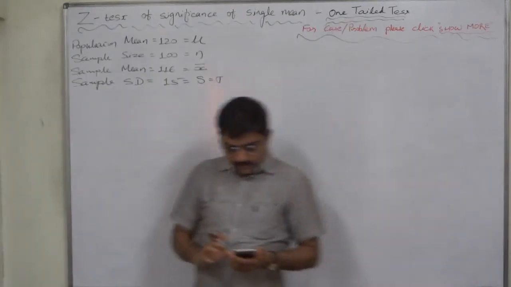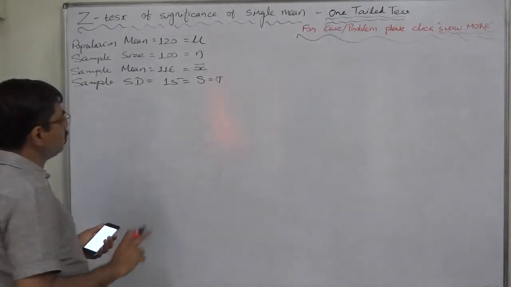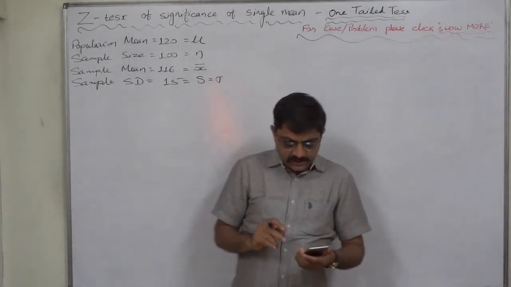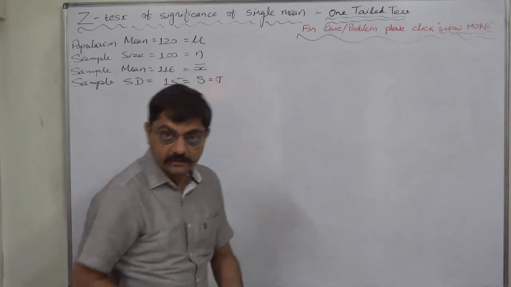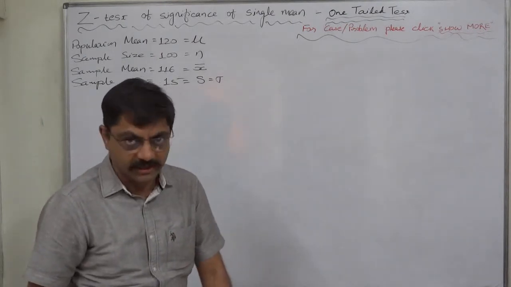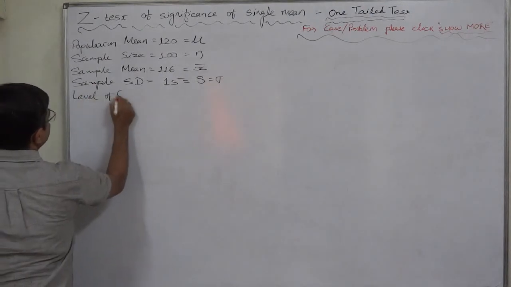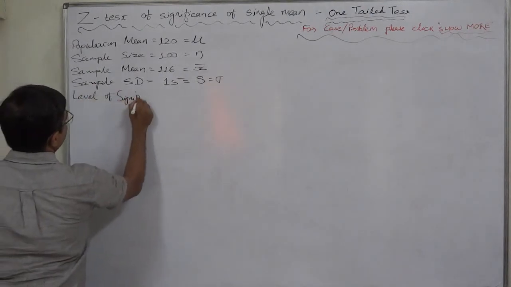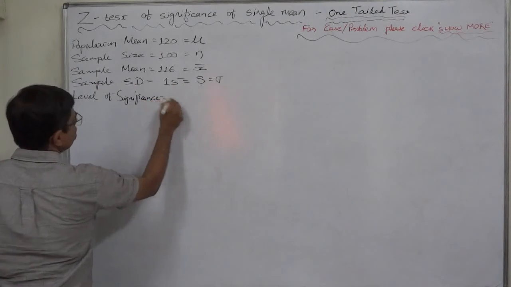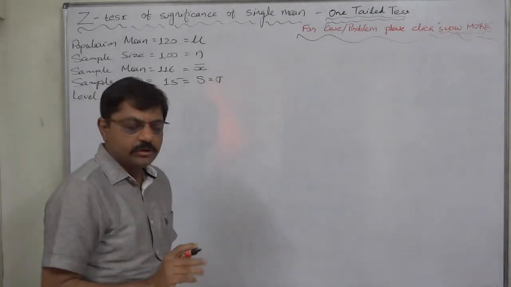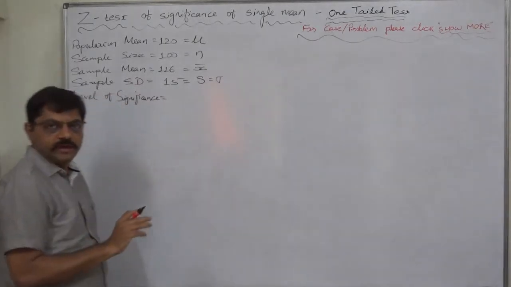Okay, now we have everything, but the last sentence which I have not read is, the analyst has decided to take 1% level of significance. The CR manager is very much strict. Level of significance is nothing but the probability of committing type 1 error: even though the hypothesis is true, we reject it.